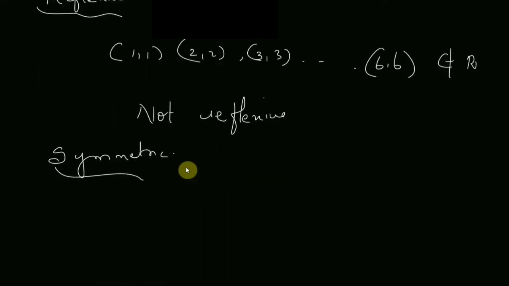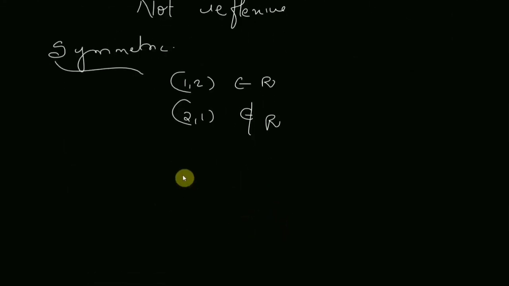So one example will be enough. (1, 2) belongs to R, (2, 1) is not in R. So R is not symmetric.